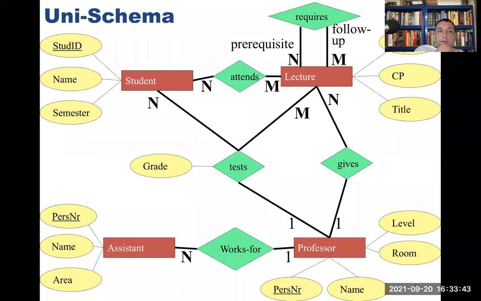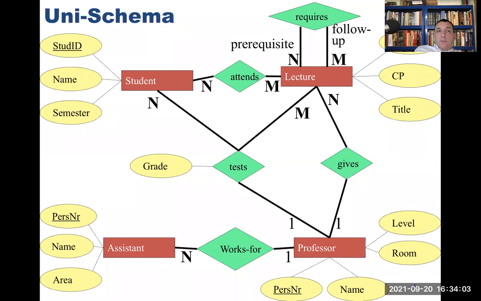We start with conversion from entity-relationship schemas into tables, into relations. So we have 5 rules, and 2 of them are main rules and other additional.